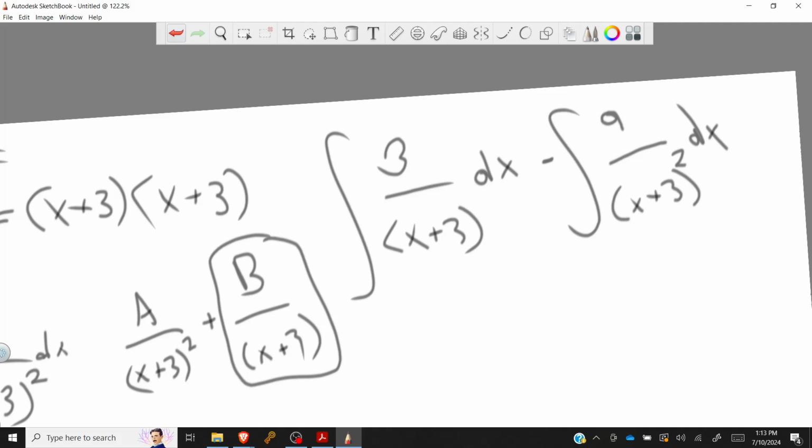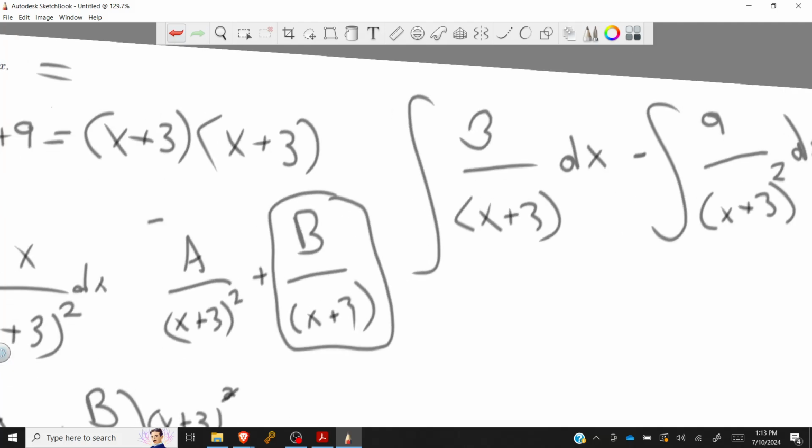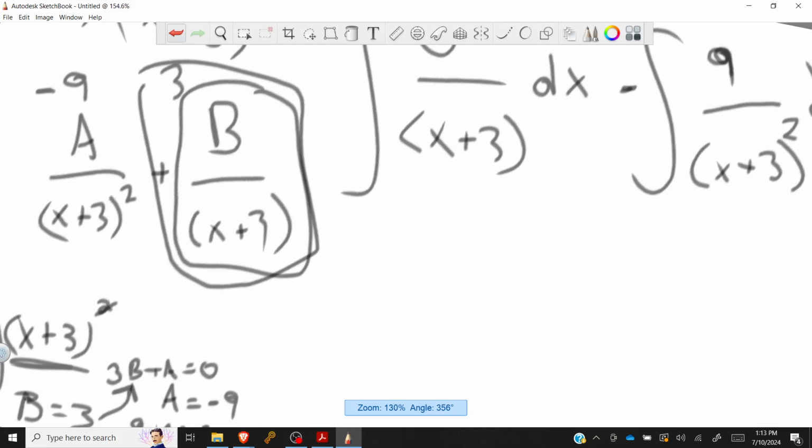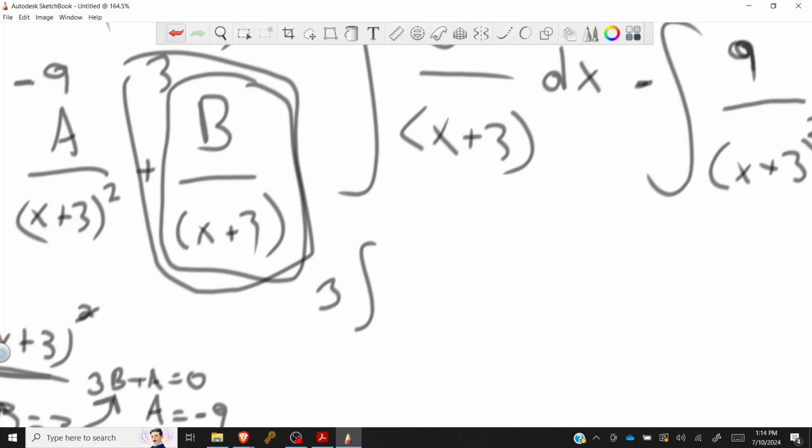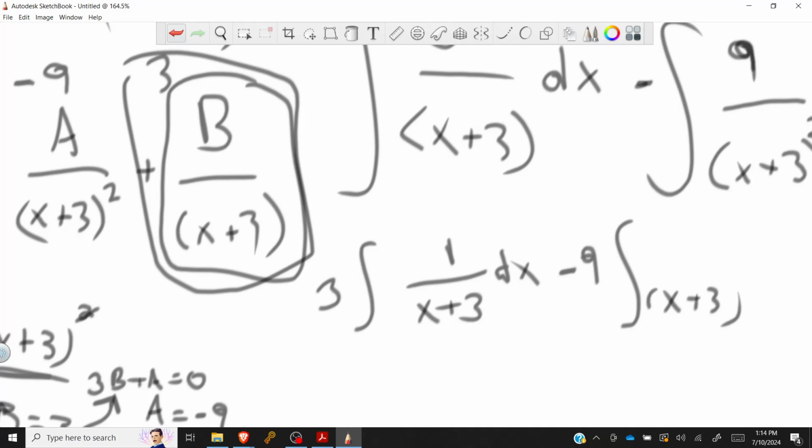So I just broke apart this fraction because this is going to be a -9, this is going to be a 3. So I wrote the 3 first, and then this is the -9. So let's simplify this further. It's going to be 3 times 1 over x plus 3 minus 9 times 1 over x plus 3 squared.